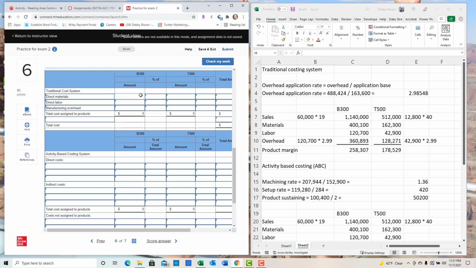So you can see we've calculated all of those amounts: 400,100, 120,700, and 360,893 for the B300. Those are the three numbers right here under our traditional costing system. And for the T500, 162,300, 42,900, excuse me, and 128,271.